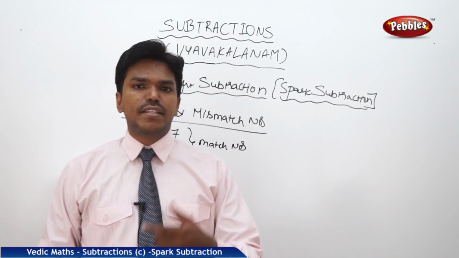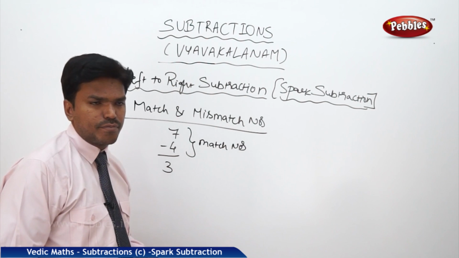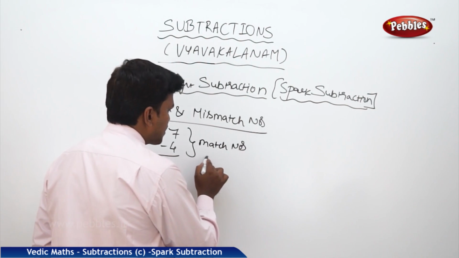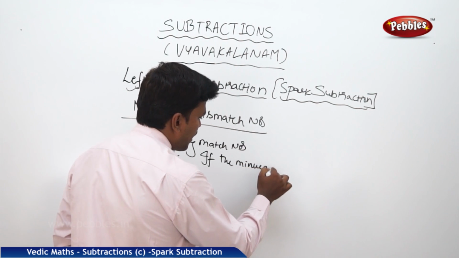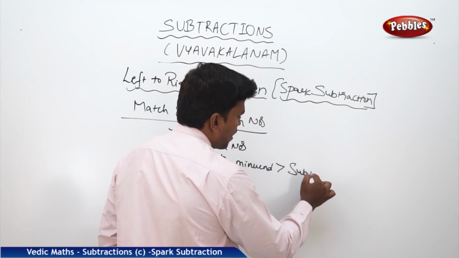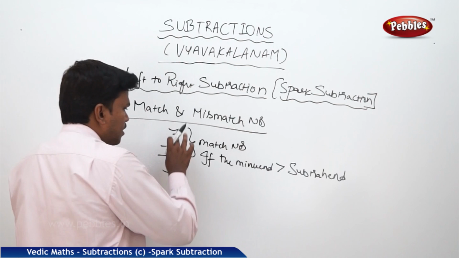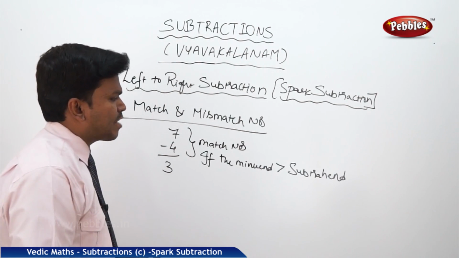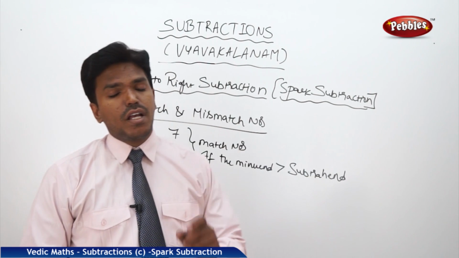Or we can say it like this also: if the minuend is greater than the subtrahend, then those numbers are known as match numbers.